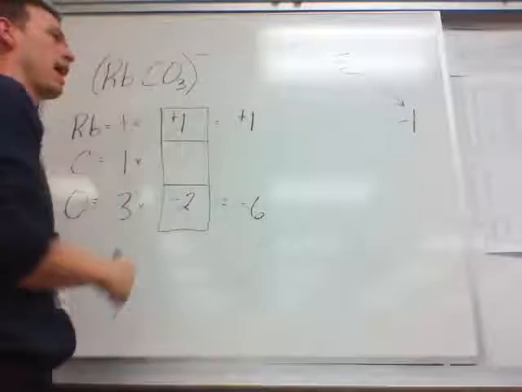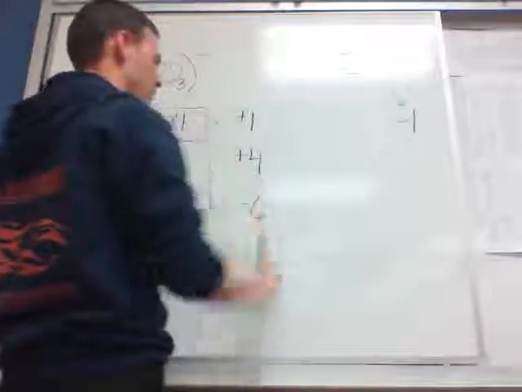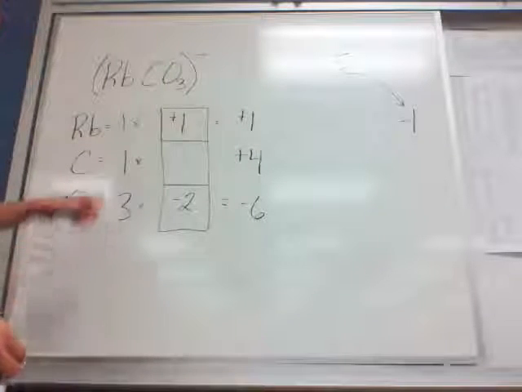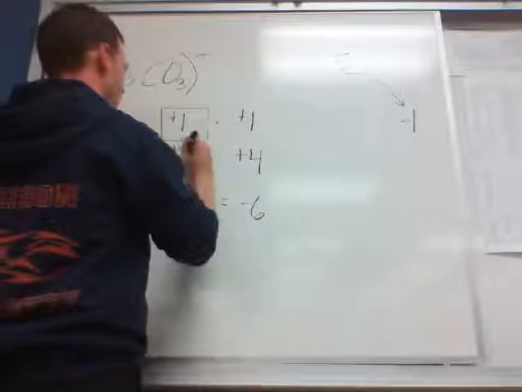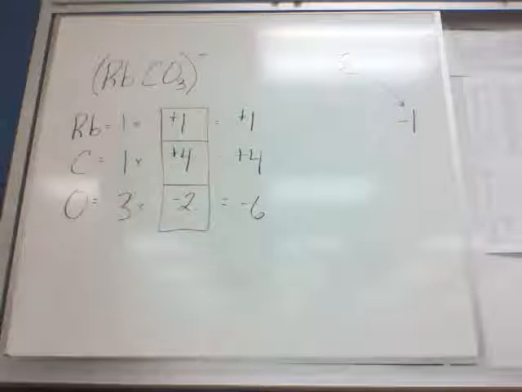What can I add to my number line here to make that true? 1 times +4 is +4, and now I've got my oxidation states of everybody.